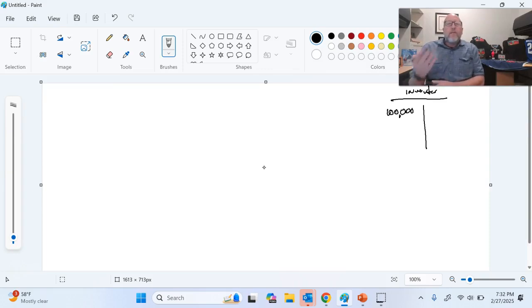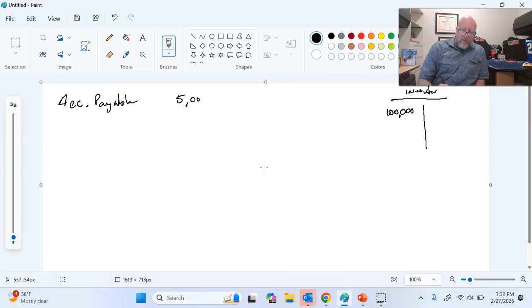And if I do send the inventory back, let's say that I'm going to return $5,000 worth of inventory. If I want to return $5,000 of inventory, I would, again, lower accounts payable by 5,000.